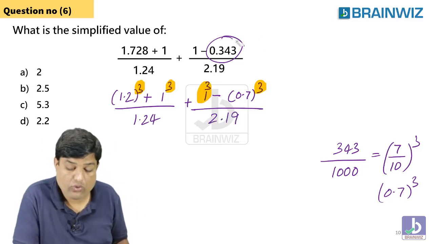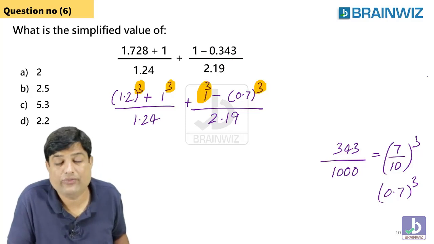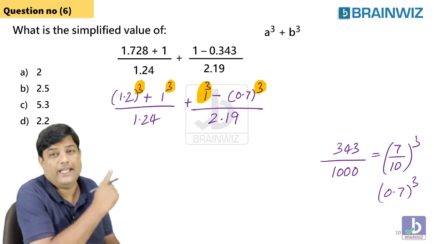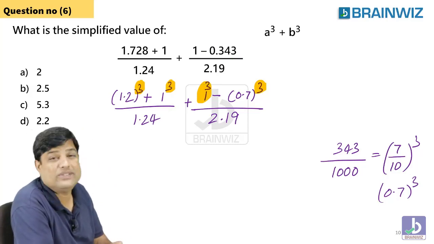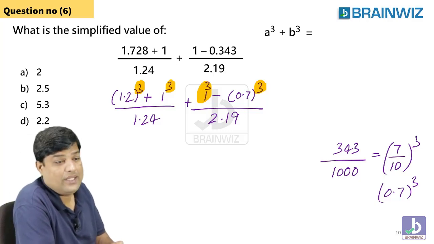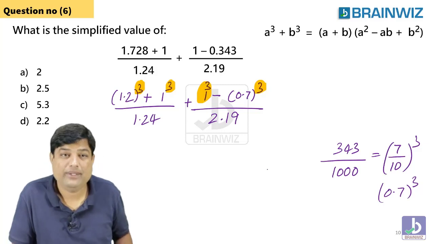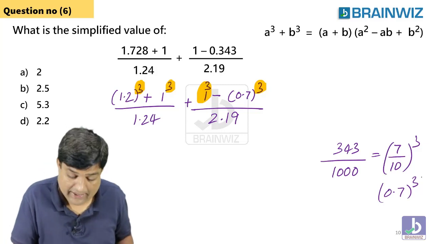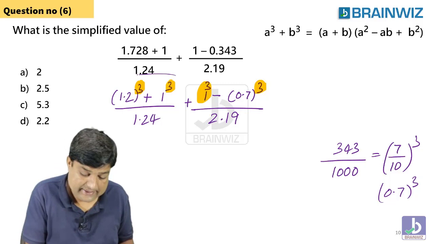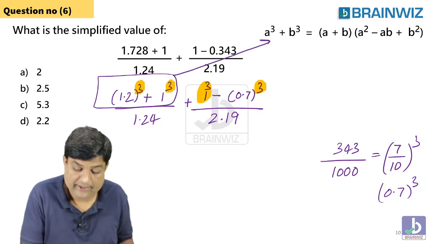So guys, here we have to remember certain identities which we have learned in our school level, that is a cube plus b cube. What is a cube plus b cube? It is nothing but a plus b multiplied by a square minus ab plus b square. Are you understanding, everybody? So let me apply this a cube plus b cube in this format.